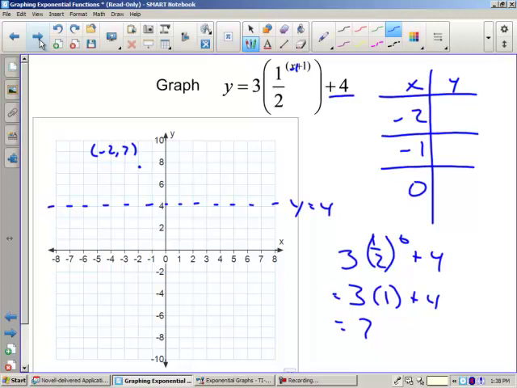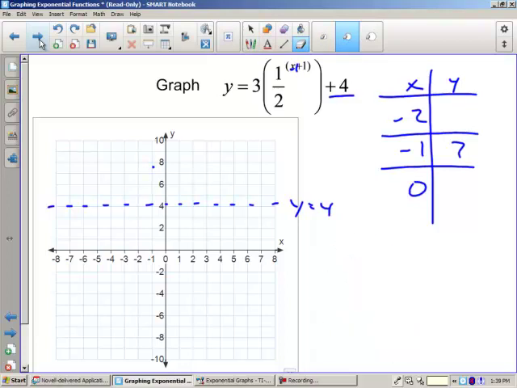All right, then I'm going to put in -2. I'm sorry, -1, 7. Holy cow. Let's go back, -1, 7. All right, let's try 0. When I put in 0, I get 3 times 1/2 to the 0 plus 1, which is 1/2 to the 1 plus 4.